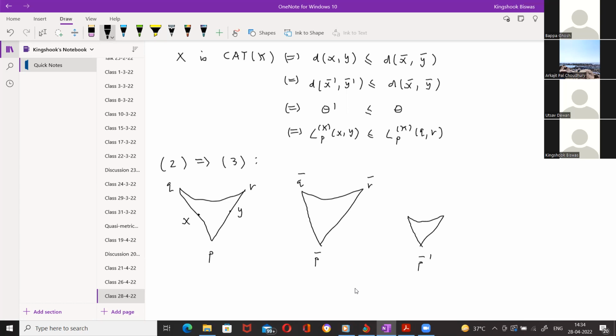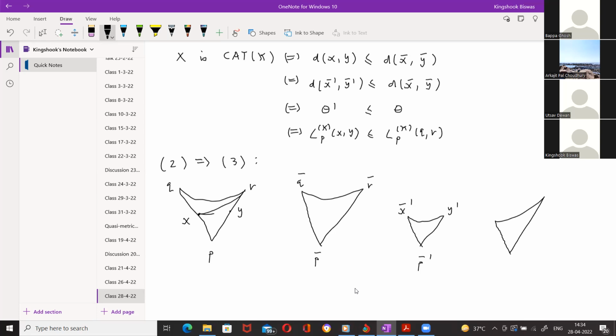P bar prime, X bar prime, Y bar prime. Now I'm going to form a third triangle, which is going to be a comparison triangle for PXR here.